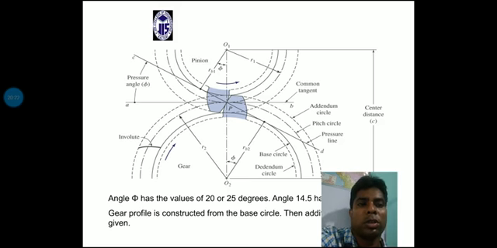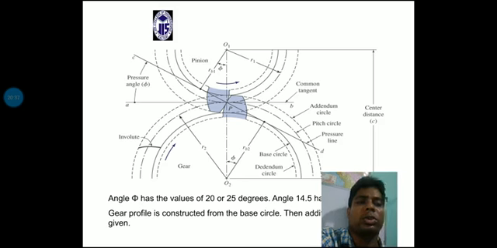So pressure angle is an imaginary angle which is used to draw a teeth profile, which is shown in the gear or gearbox.